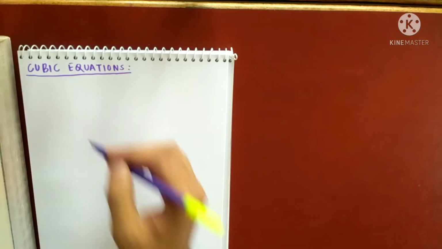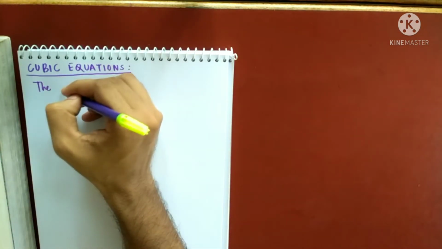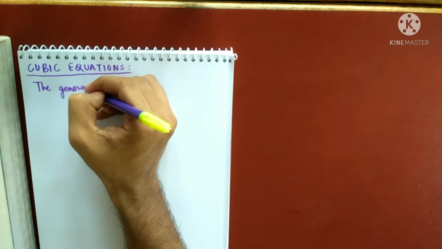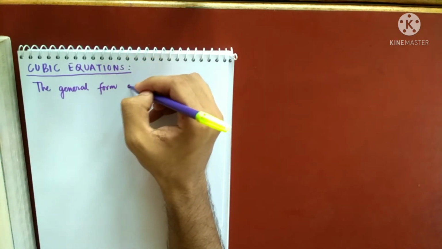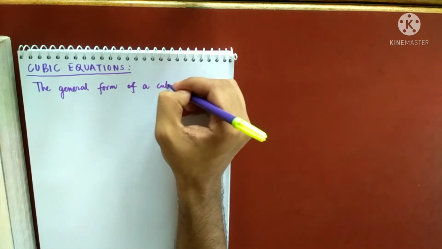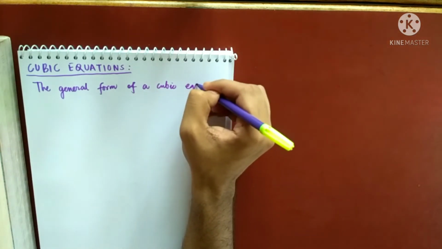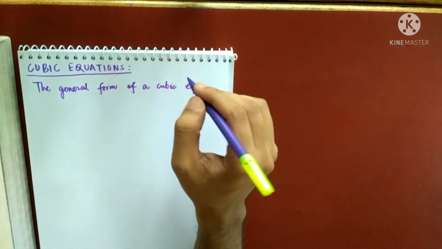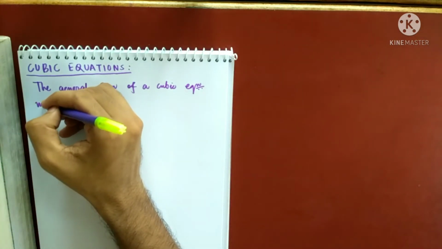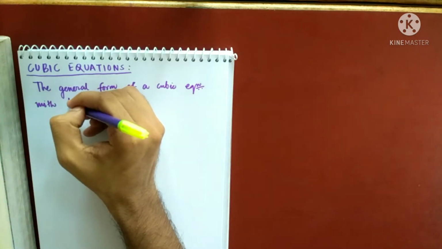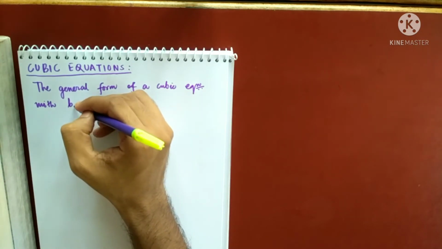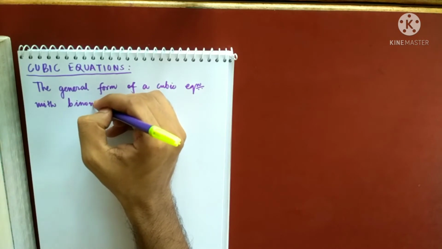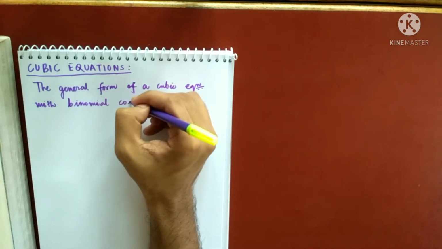That means the general form that we will consider is the general form of a cubic equation with binomial coefficients. Binomial coefficient means this one, this 3C0, 3C1, 3C2, 3C3.